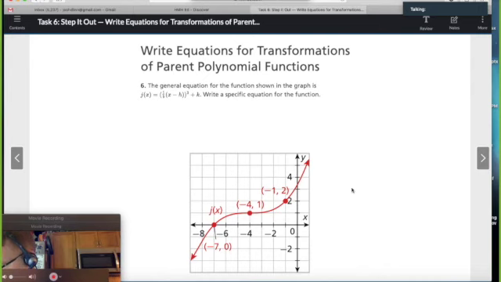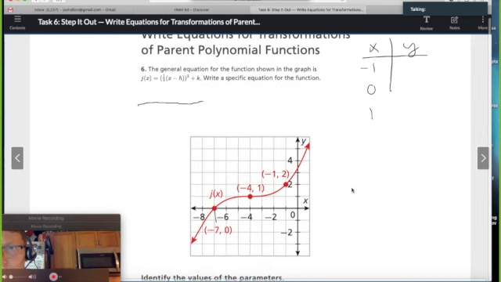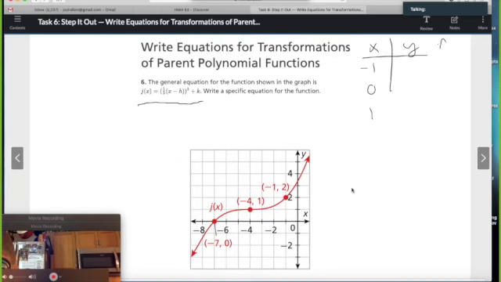And so here is our new function. So we've got, from that, we can do our parent function. So again, that's going to be negative 1, 0, 1. So f of x is what?